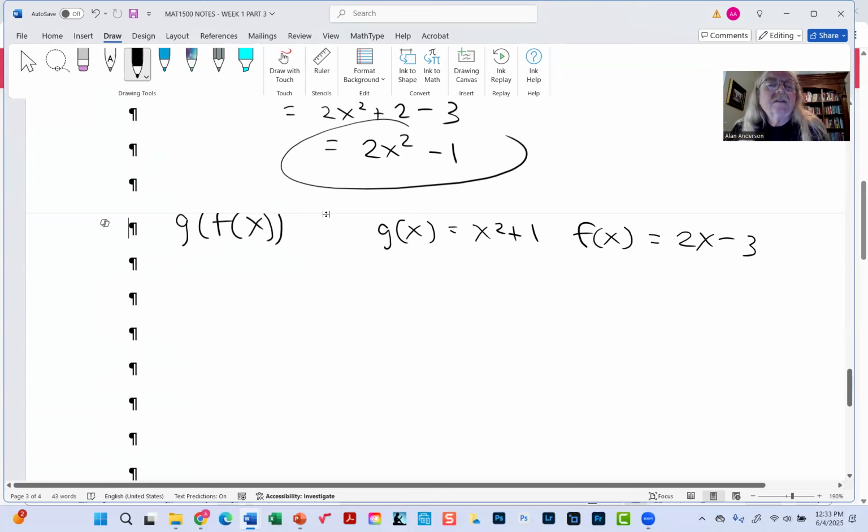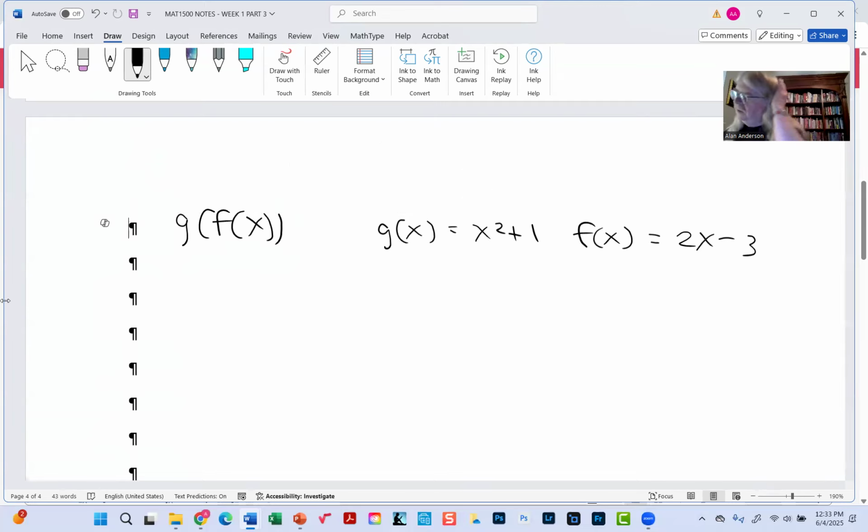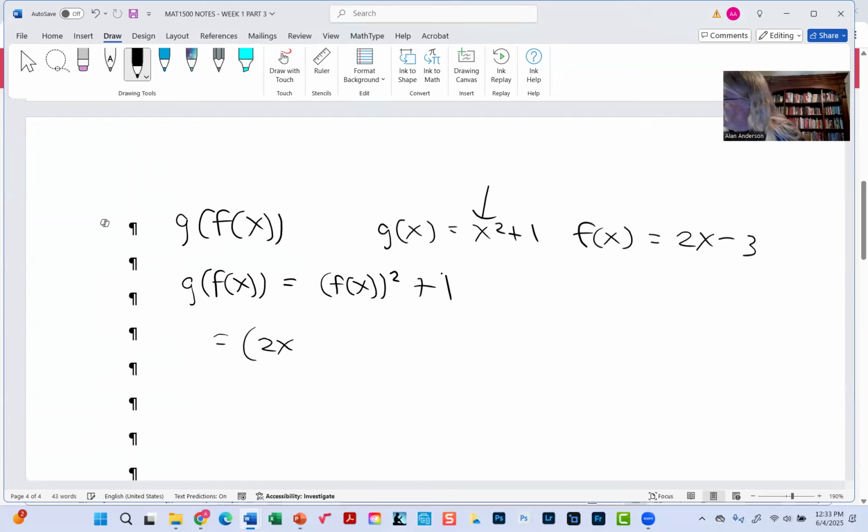All right, so this time what I'm going to do is take g of x and replace all the x's with f of x. Okay? Now I'll substitute the function here.